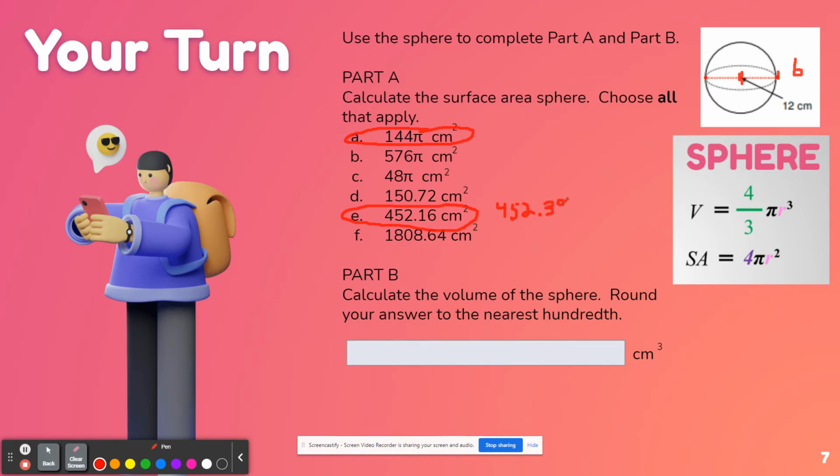But the person that made this slide used 3.14. So just so we're on the same page, E would also be counted as a correct answer, but we use the pi button, so you should have gotten this.